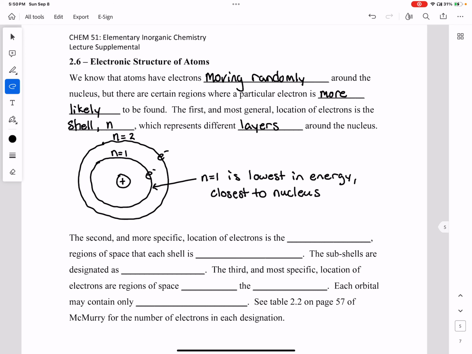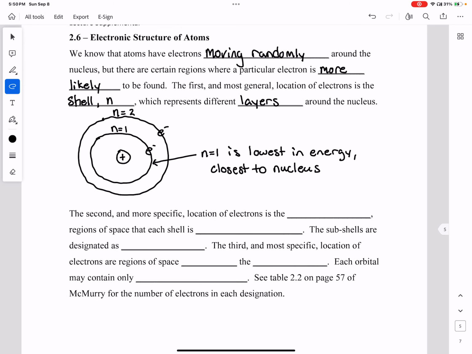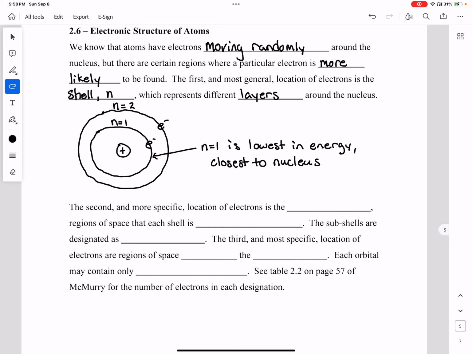Okay, the second and slightly more specific location of the electrons is called a subshell. Okay, and that's a region of space that each shell is divided into. Okay, there's a region for each subshell.